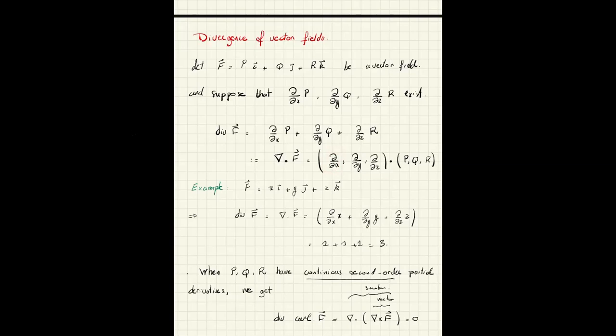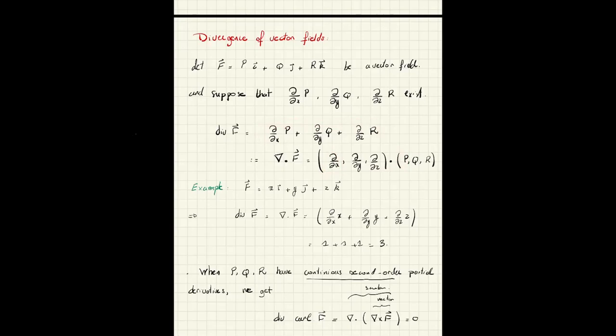This might be a little bit strange in the beginning, but it works. If you take the scalar product of this symbolic thing with this one, it gives you exactly this. You multiply this by this, but of course the multiplication is not the usual multiplication.